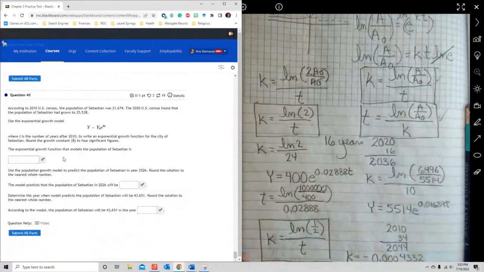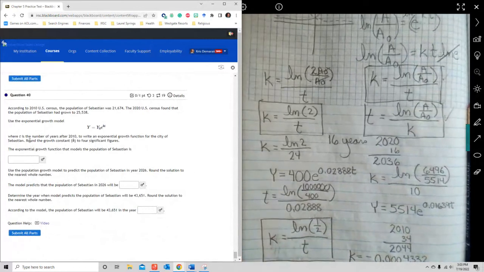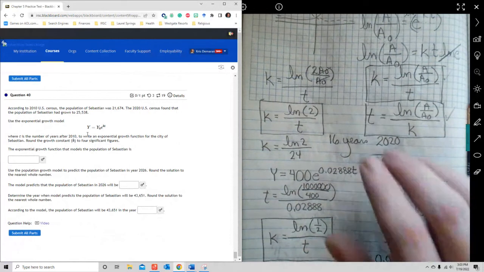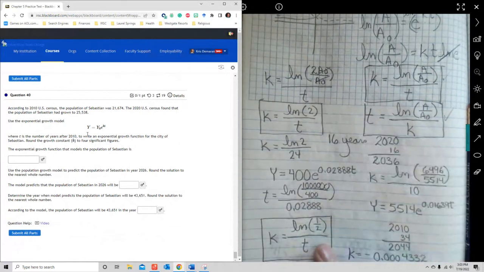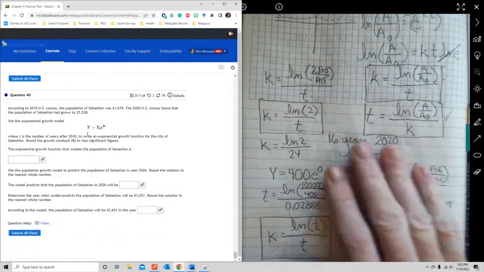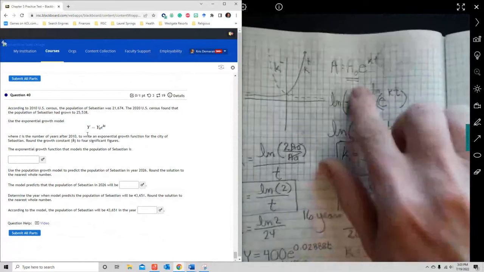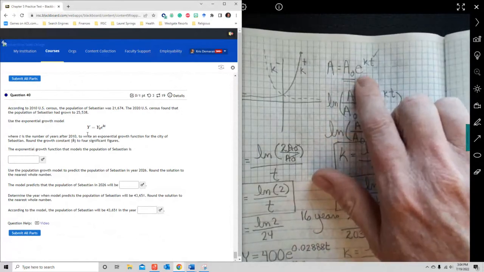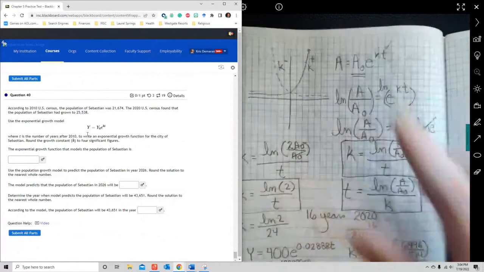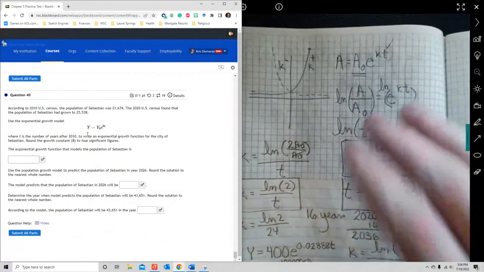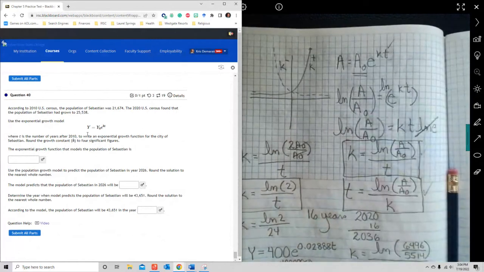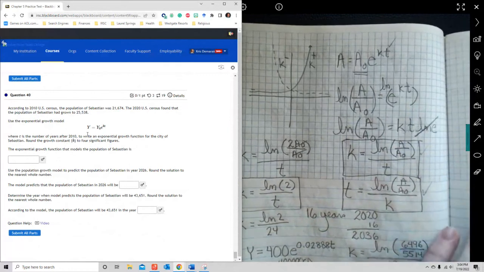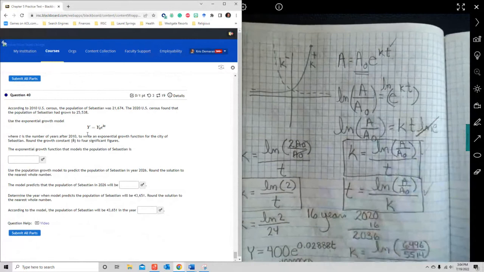Now the last one says we have this problem where we have the equation that I've given you before. I told you the formula was A equals A sub naught times e raised to the kt power. They're using Y rather than A. For this problem, we're going to use that formula.